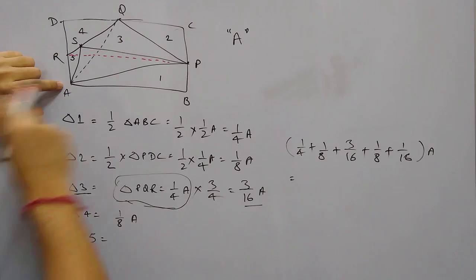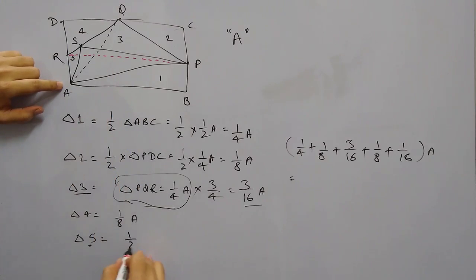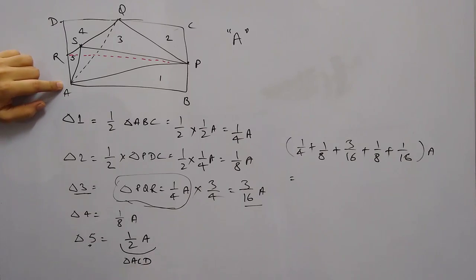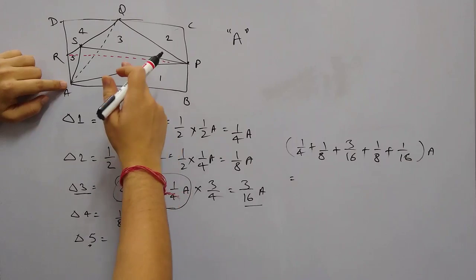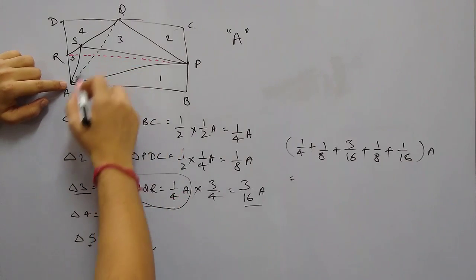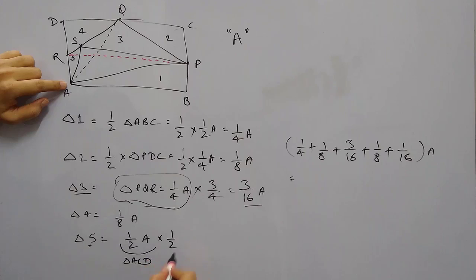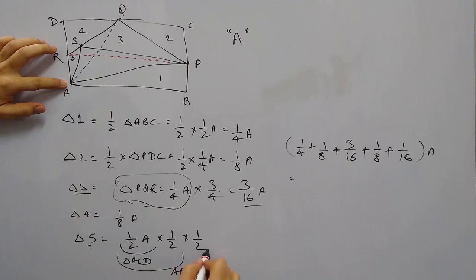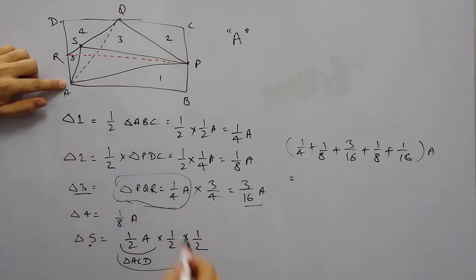ACD is half of A, this is triangle ACD. If we further divide it by 2, then we'll get AQD, and if we again divide by half, then we'll get AQR.